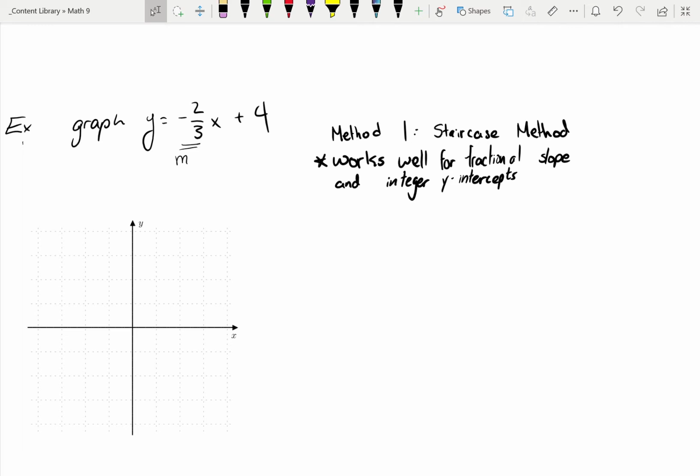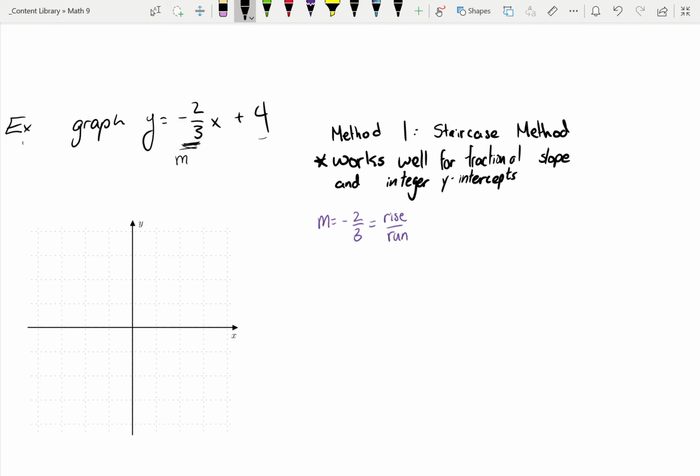In this case I have y is equal to negative 2 over 3 times x plus 4. So I have a nice whole number here, and then I have a staircase, or I have a rise and a run over here. So the other two important things is that m in this case is equal to negative 2 over 3, which is equal to my rise over run.